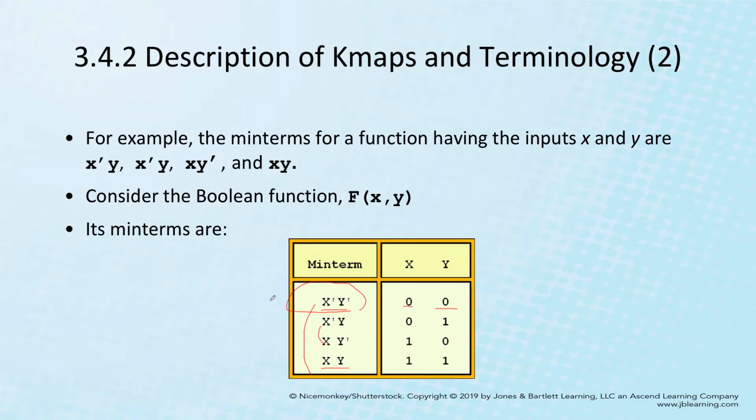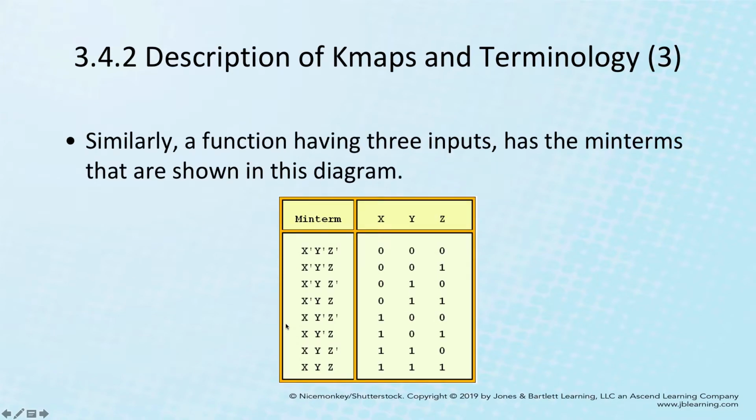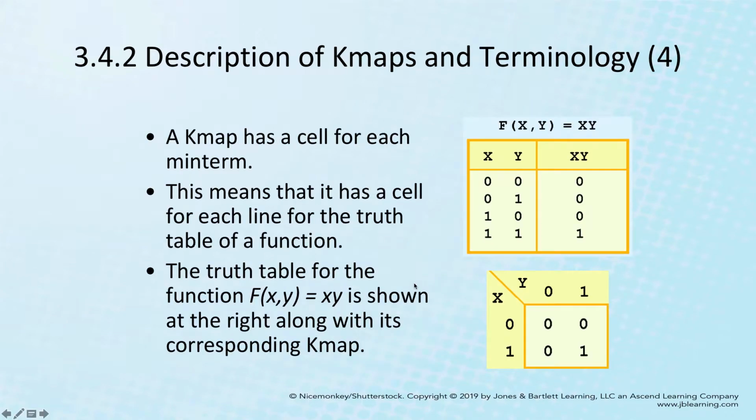So minterms are very similar to the truth table representation. For a three-variable function, we will have 8 minterms listed here, and then the corresponding values are listed in the next column.